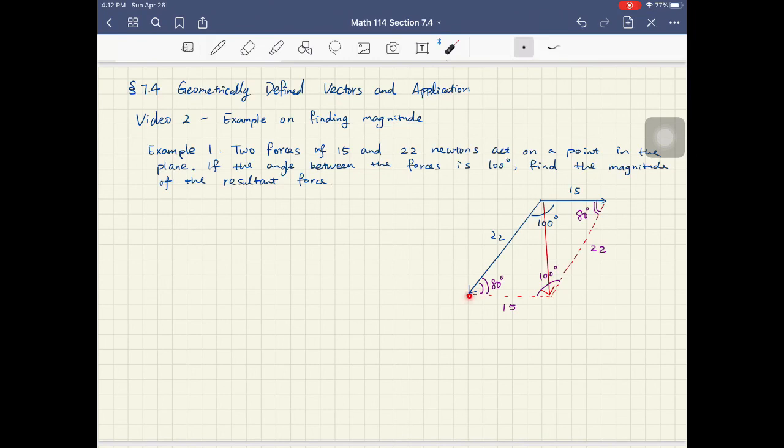Now from this parallelogram, since I'm looking for this resultant force, I can use one part of the parallelogram, which is one triangle, to use the law of cosines to find the missing side. So let me erase the information that is not important to this part of the triangle.